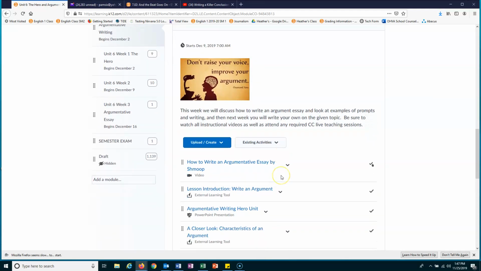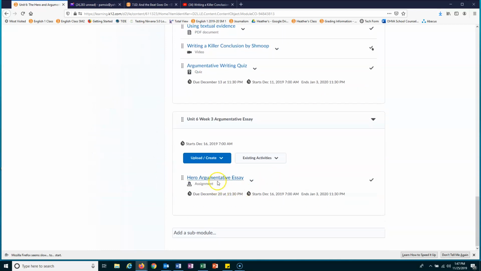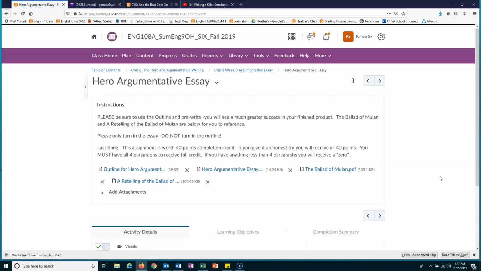So what I want to touch on a little bit about the argumentative essay is that as you open up the link here to the argumentative essay, you're going to find there are 4 attachments to the Dropbox. One is the outline to help you write the argumentative essay.